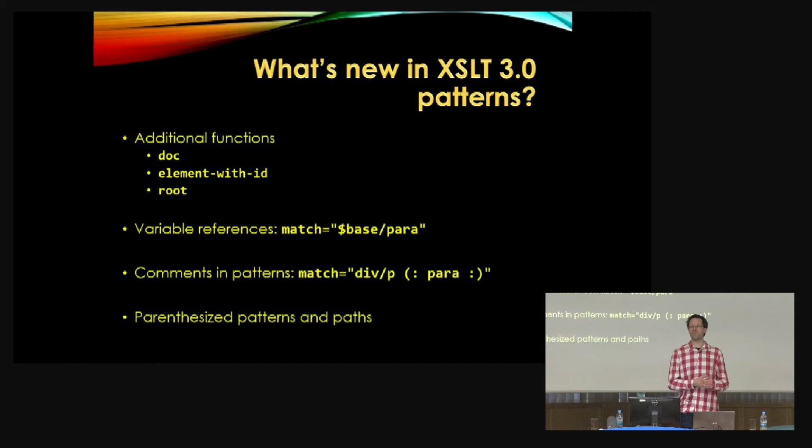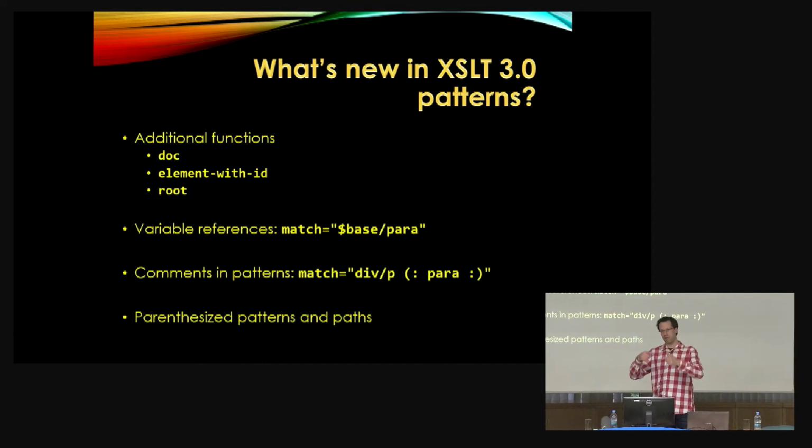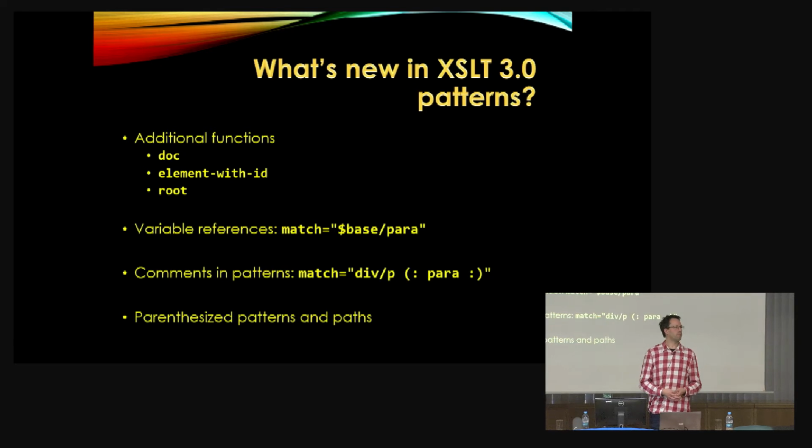You can use variable references. Suppose you have this relatively long XPath, and you have to repeat it over and over. You can just create a global variable reference and repeat that variable reference in your pattern. That way it can become quite a bit more readable.